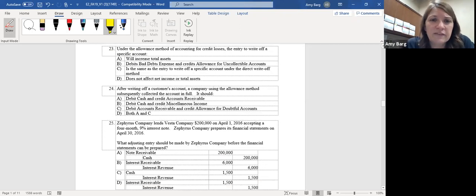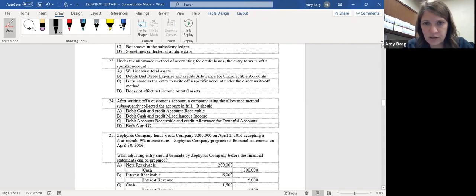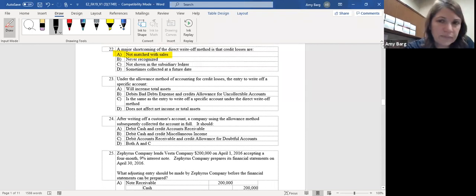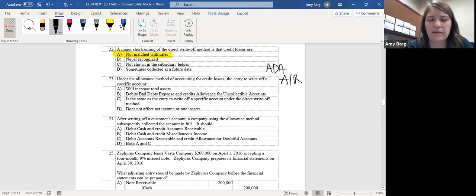Under the allowance method of accounting for credit losses, the entry to write off a specific account. Okay, so when we write off an account, the journal entry that we do is we're going to debit the allowance for doubtful accounts, and we're going to write off the accounts receivable with a credit.